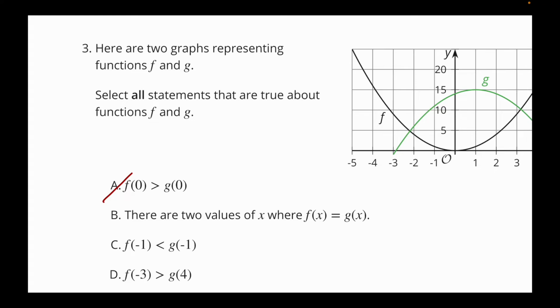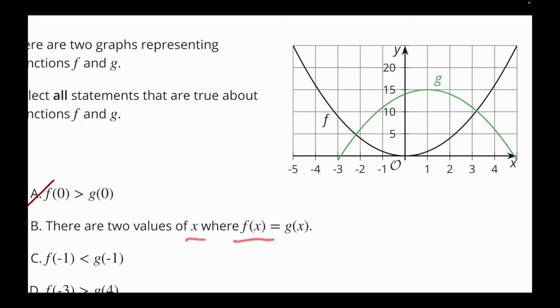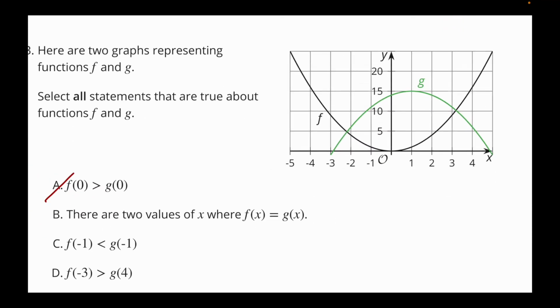Okay, selection B says there are two values of x where f of x is equal to g of x. So this says there's two input values where my graph's outputs are the same. And this is going to mean points of intersection. I'm going to write that, intersections.